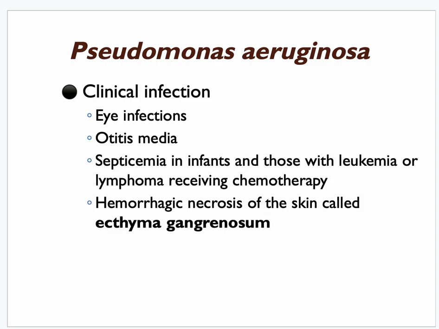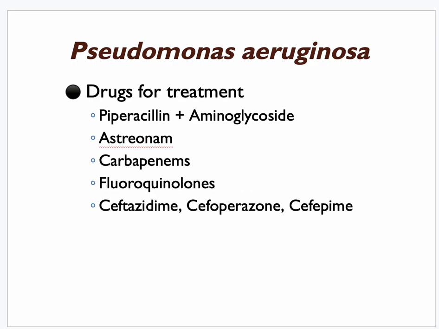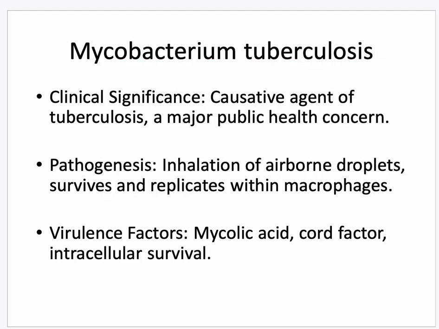It can also cause eye infections, otitis media in your ear, septicemia in infants and those with leukemia or lymphoma receiving chemotherapy, and hemorrhagic necrosis of the skin, that's called your ecthyma gangrenosum. So, we treat this using piperacillin plus aminoglycoside, aztreonam, carbapenems, fluoroquinolone, ceftazidime, cefoperazone, and cefepime.